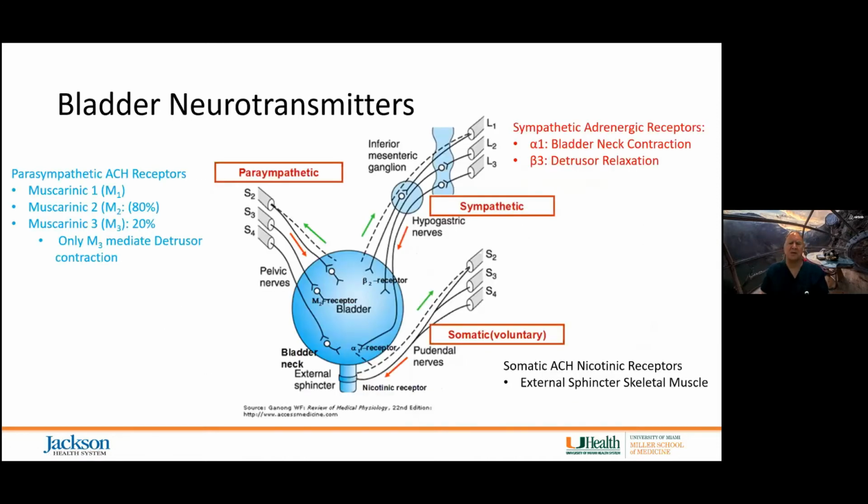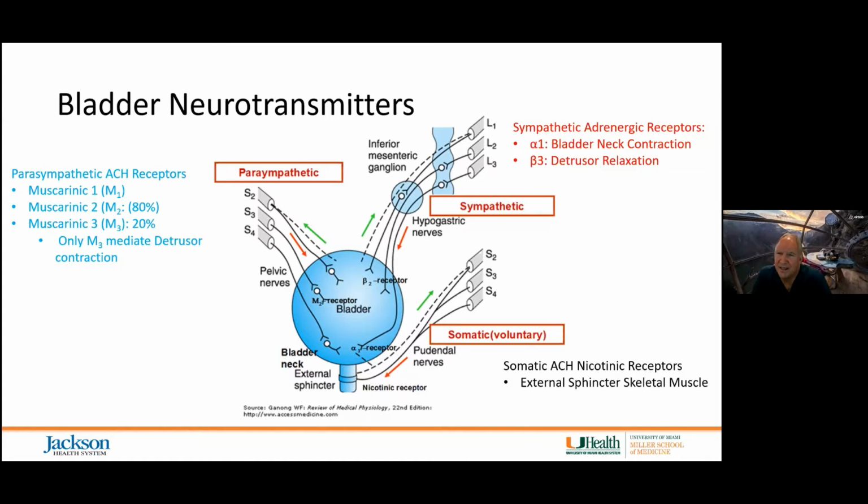So I want to take a moment again just to talk through the parasympathetic, sympathetic, and somatic neurotransmitters. The parasympathetic nervous system, remember, has acetylcholine receptors at its terminal regions, and those receptors are muscarinic 1, muscarinic 2, and/or muscarinic 3, recognizing that only muscarinic receptors, these cholinergic receptors, mediate detrusor contraction.